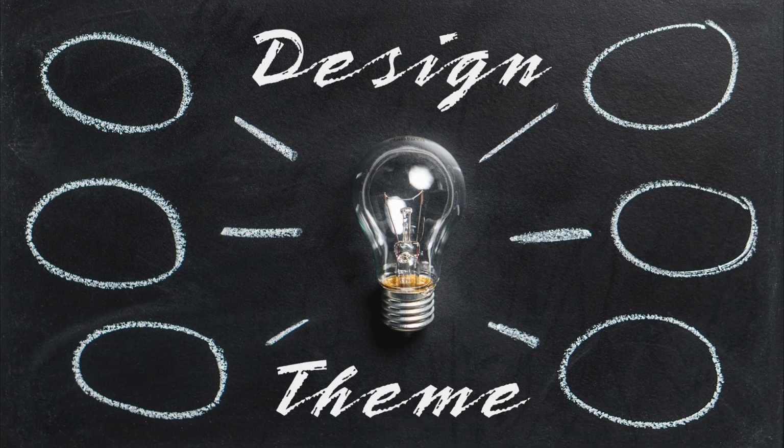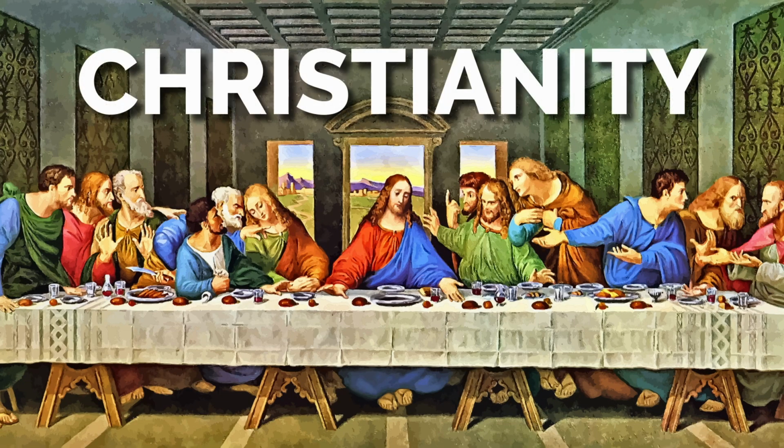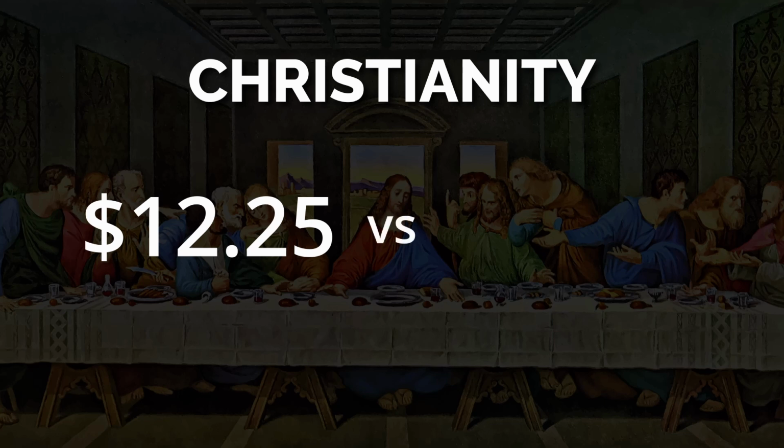Now, if we add a design theme to the picture, the scenario may change by your acknowledgement of certain things or cultures. Here are a couple more quick examples. First, the design is about Christianity, and we have $12.25 versus $12.09.